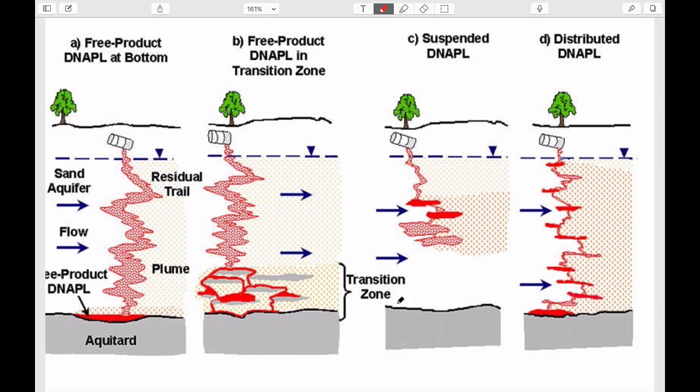And so depending on these circumstances, it dictates exactly what the architecture of the fluid in the subsurface looks like, in terms of the low saturation of the non-wetting phase fluid and the high saturation zones. And that's something we'd like to know maybe if we want to pull it out of the ground in remediation.